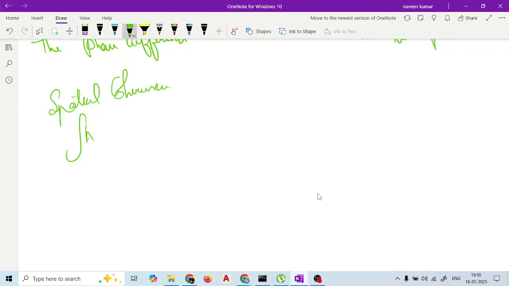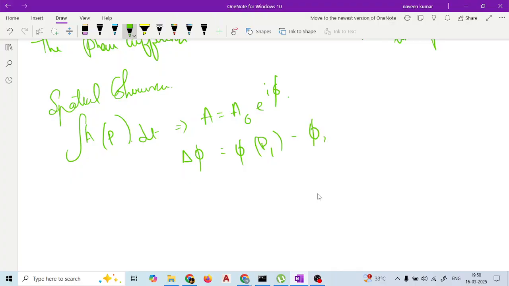So the amplitude of the probability, that is dt, you can rename as a naught e power i phi, and then del phi is equal to phi of probability 1 of finding the particle by 2. It's constant.